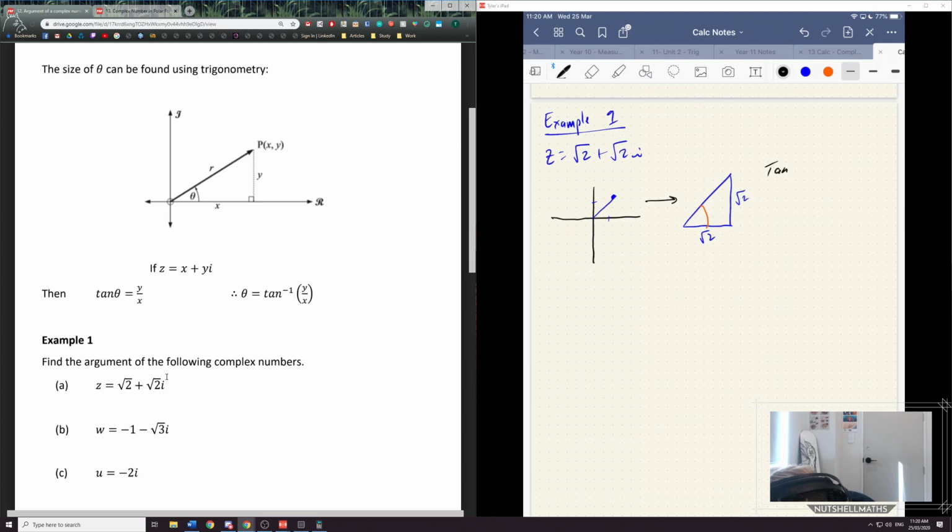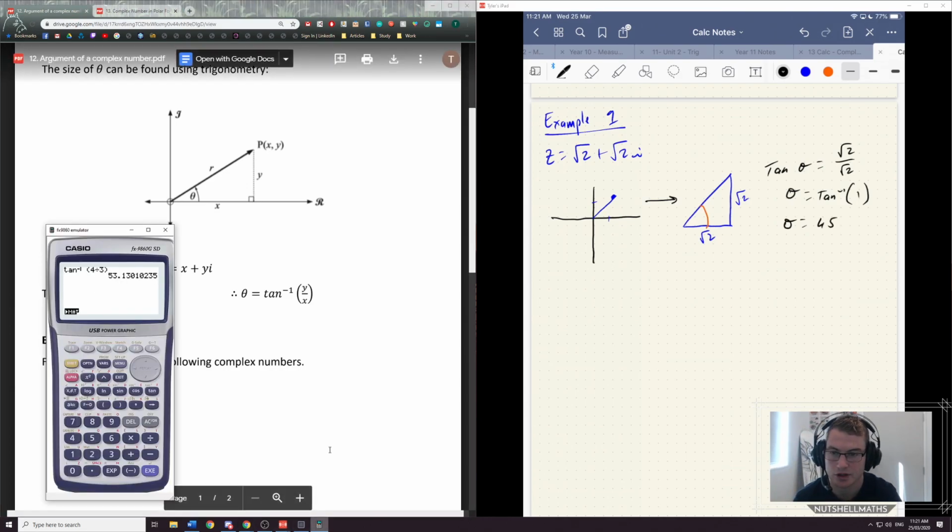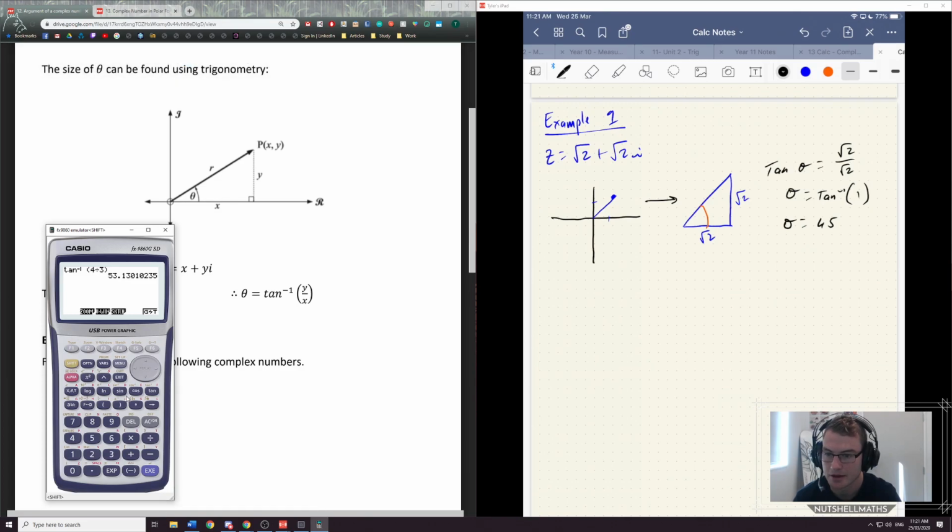Tan theta is O over A, root 2 over root 2, which means we're doing the inverse tan of 1. Any number over itself is 1. That means theta equals 45. If you don't trust me, trust your calculator. Inverse tan of 1 is 45.